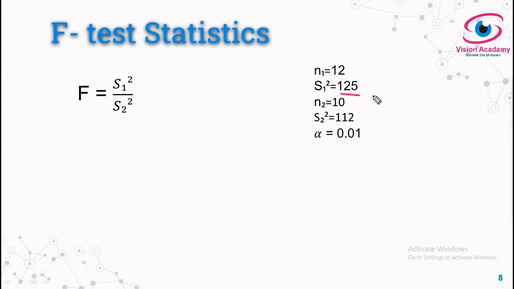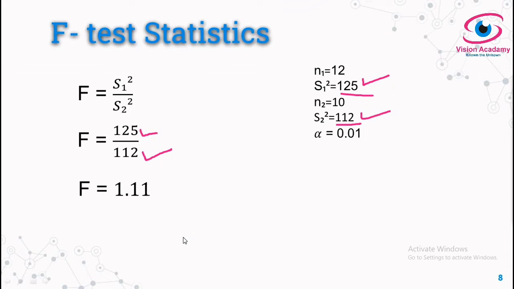Directly the sample variance is given in the problem, so we don't have to find it using some other formula. We can directly apply the formula. When we apply it, with variance of source A as 125 and variance of source B as 112, our F test statistic is 1.11.